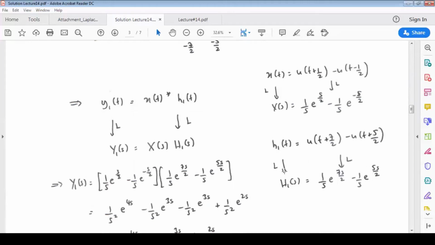So in Laplace transform, we have h1s equals 1 over s exponential of 7s over 2 minus 1 over s exponential 5s over 2.